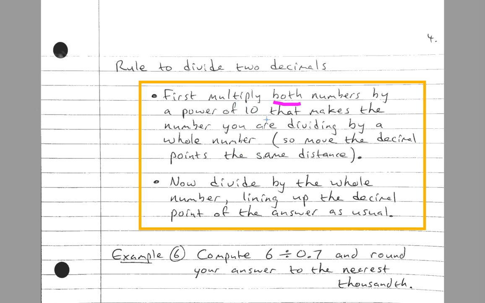That's a common mistake, to forget to move the decimal point on the top number. All right, so once you're dividing by a whole number, then it's just the same as before. Line up the decimal points, add any insignificant zeros you need.